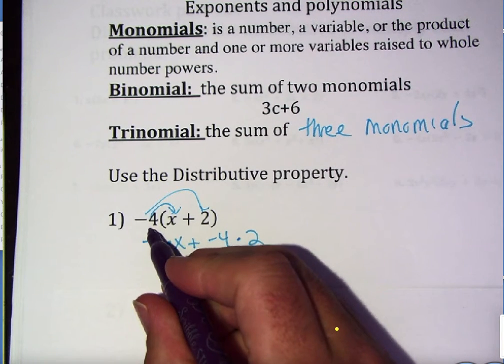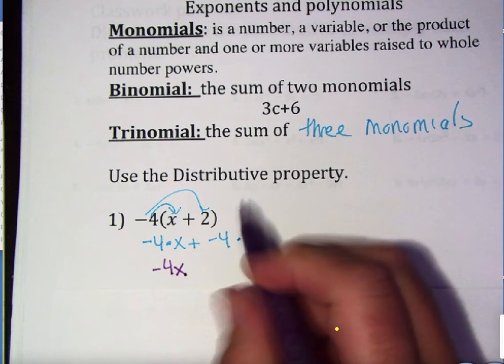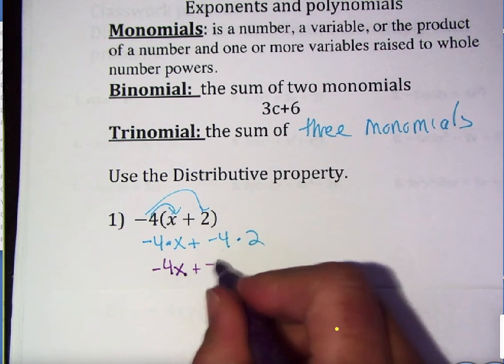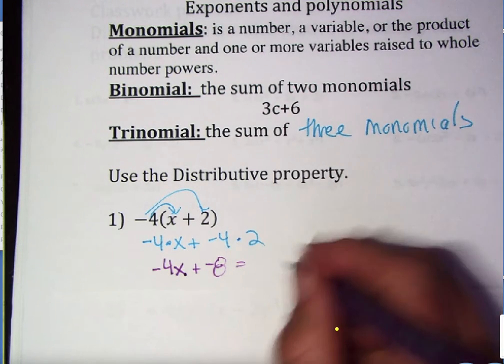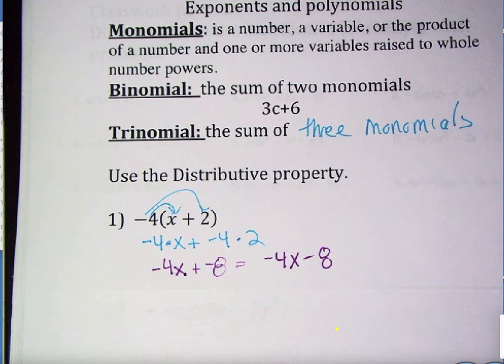So negative 4 times x, you can write as negative 4x. And then plus negative 4 times 2 is negative 8. So we could have even written it like so. Cool. And that's the kind of distributing we've been doing.